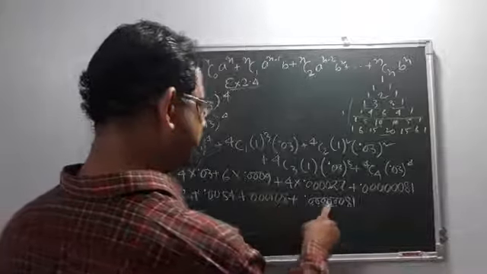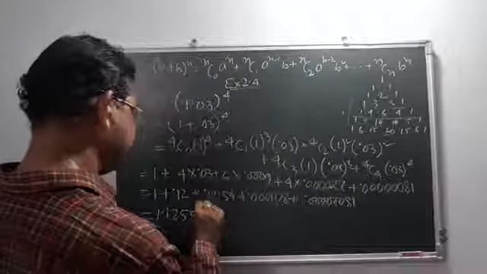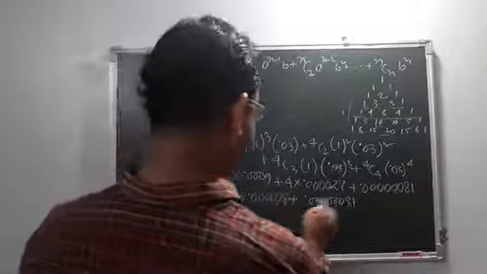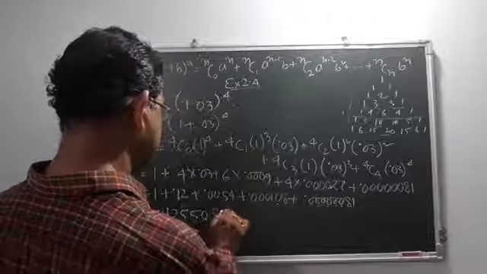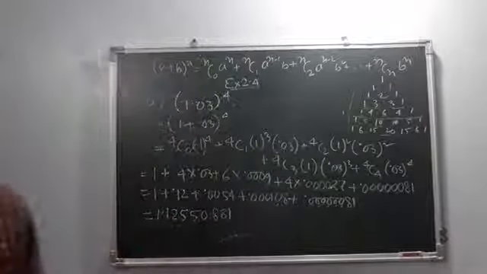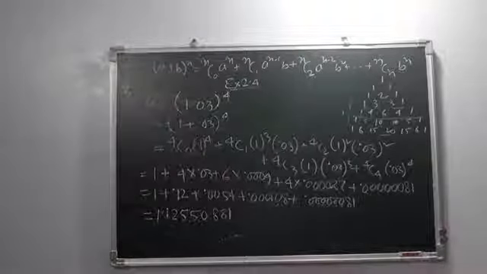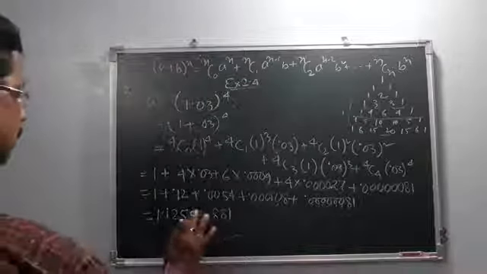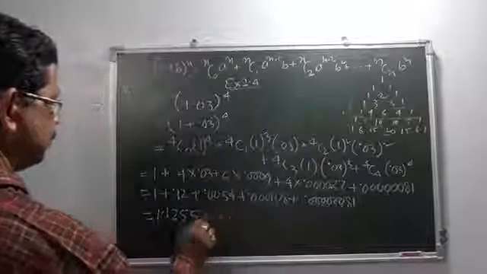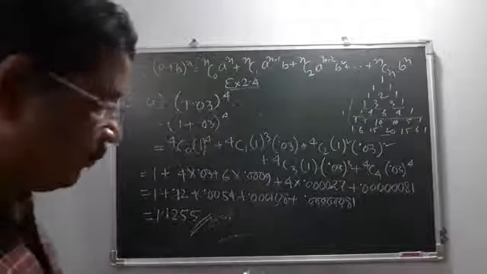This 0, there is no other 0, so it is 0. Then 8 is with this one, so 8, 1. So the total value is this, but they said up to what, 4 decimals. So up to this one they have said to take. So this is our answer.